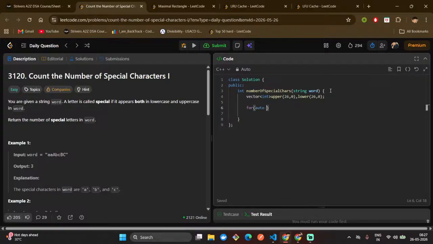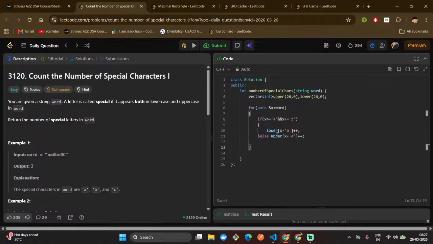Let's suppose for each x in word, if x is greater than or equal to a and x is less than or equal to z, then we have to pick upper[x minus a]++, else lower[x minus a]++. Now just take count 0, and loop i from 0 to 26, i++.